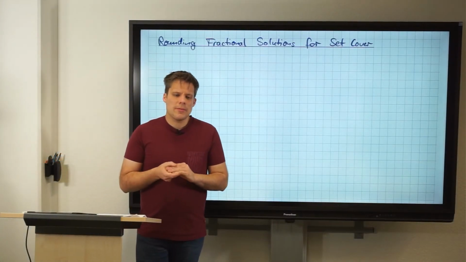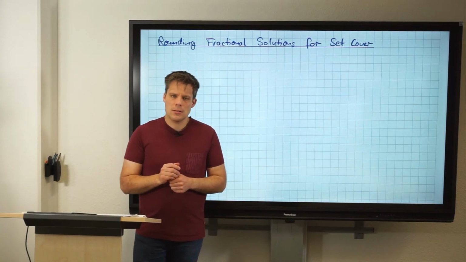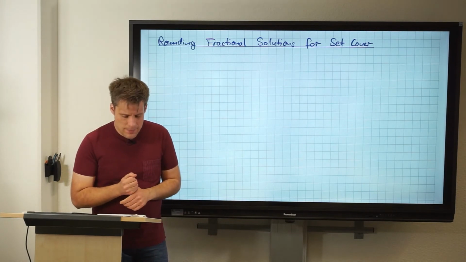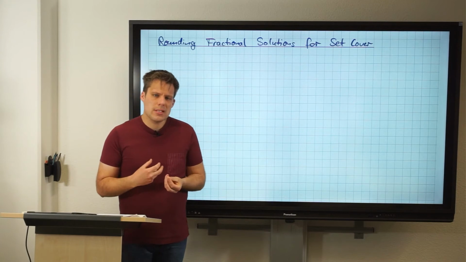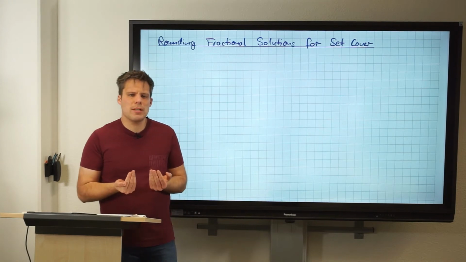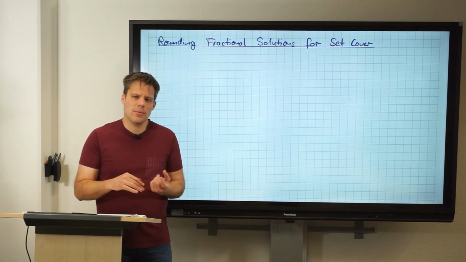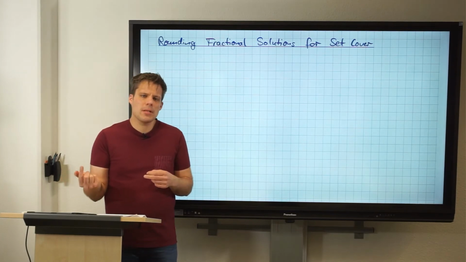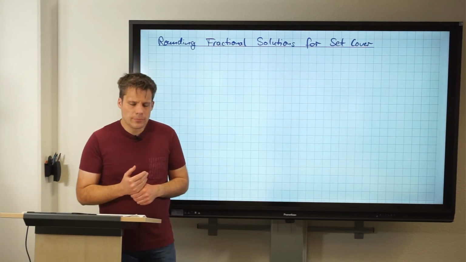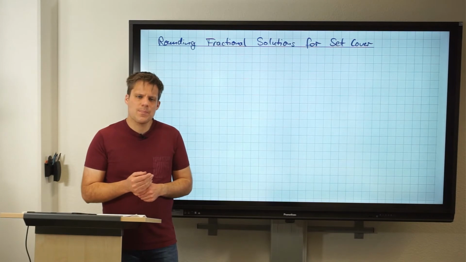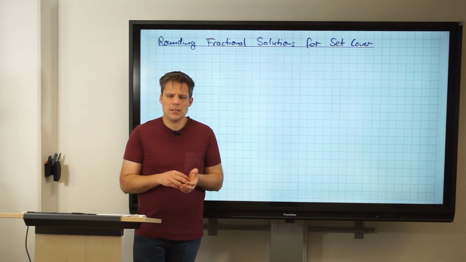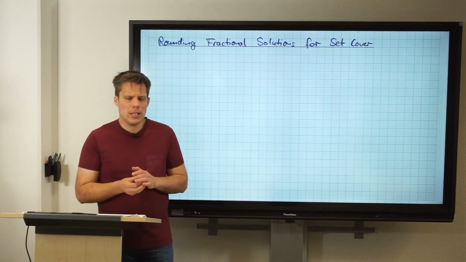Let's now talk about the problem of rounding fractional solutions for the fractional set cover problem to integral ones. And once again, we want to do this in an online way, so we have to be aware that the fractions will change over time, and we want to make sure that at each point in time every element is covered. How do we do this? We want to again interpret the fractions as probabilities, but this will be a little more complicated now.